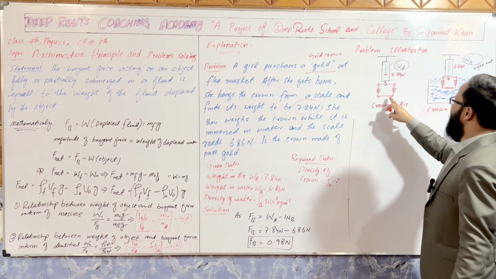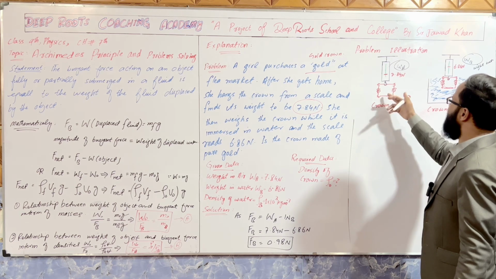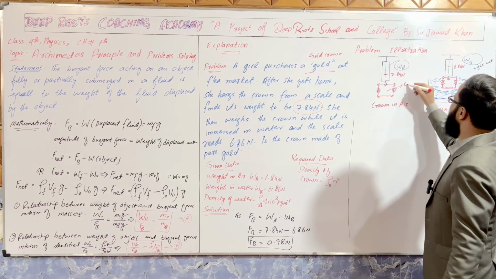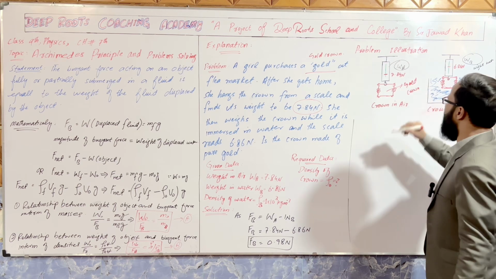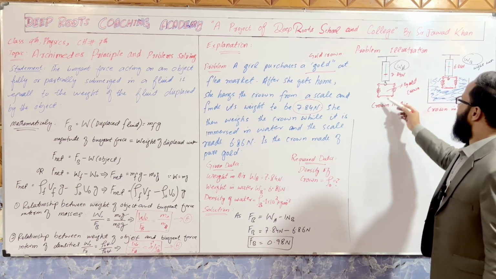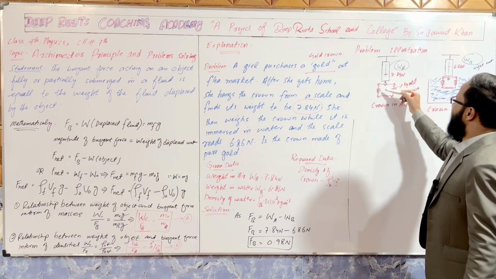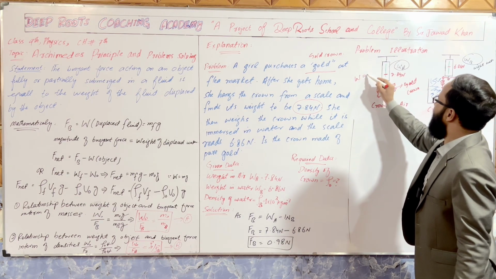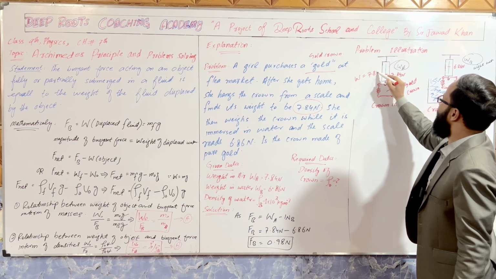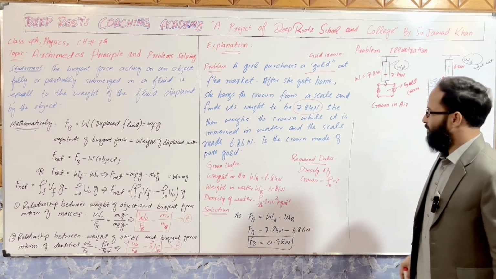In the air, when she hangs the crown, this is a gold crown, or anything which is made up of gold, she finds that the weight of the crown is 7.84 Newton in air.